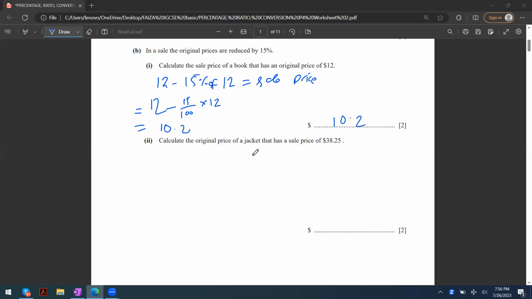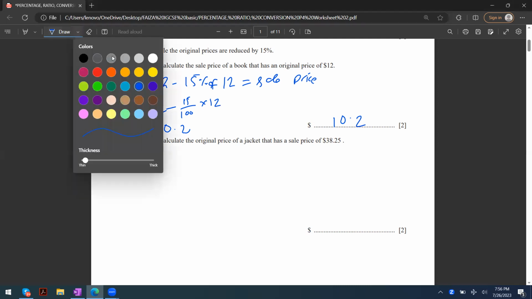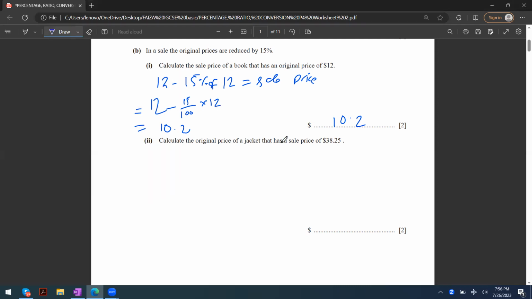Abdullah, any problem? Please tell me. Calculate the original price of a jacket that has a sale price of 38.25. Reverse percentage question. Original price we don't know. Let's suppose it as X. Sir, in above question, how 10.2?